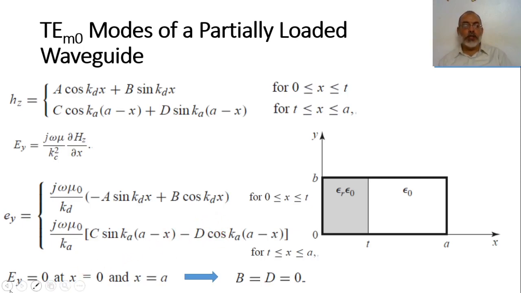So from the boundary condition that Ey equals 0 at x equals 0 and x equals a, we obtain that the value of b equals 0 and the value of d equals 0.